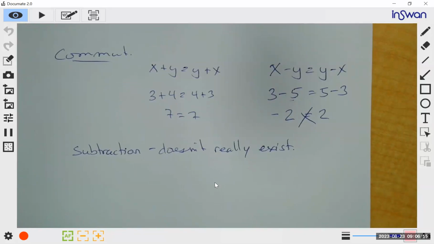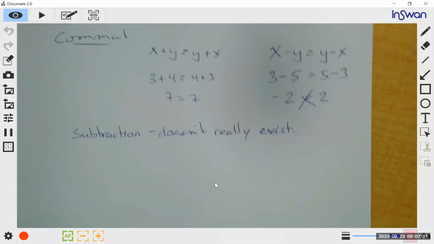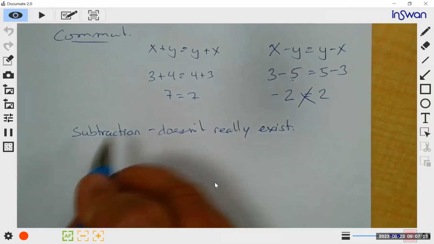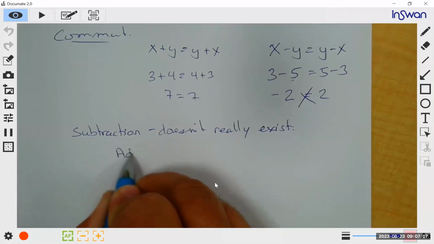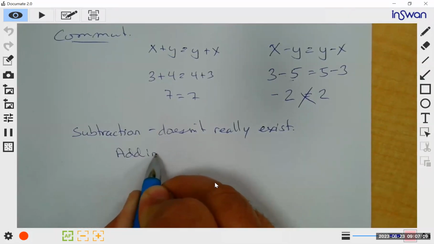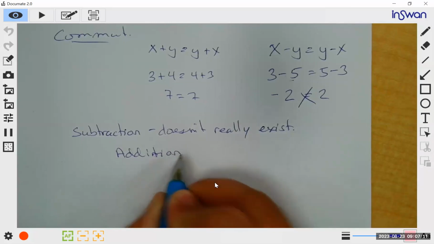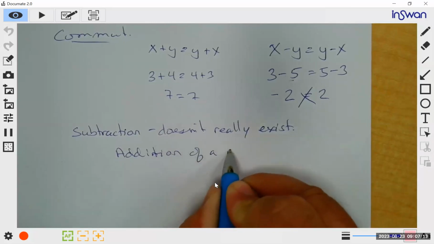Computers cannot subtract numbers. They can add numbers, which means a subtraction is the addition of a negative number.